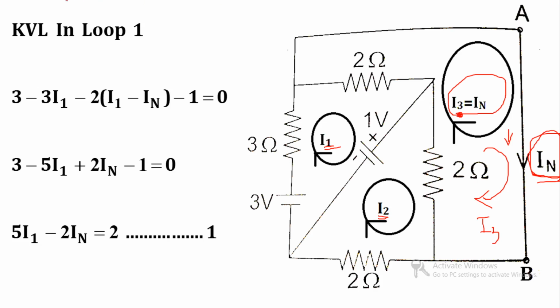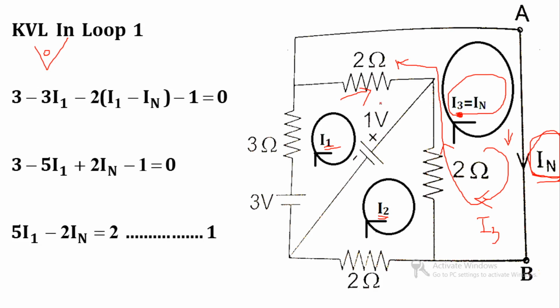So I simply apply the Kirchhoff voltage law in loop 1, that means this 3 volt, 3 ohm, 2 ohm and this 1 volt. This is my loop number 1. So the KVL equation will look like 3 minus 3 I1 minus 2 I1 minus IN, because I1 flows in this direction and this I3 flows in this direction, in this 2 ohm.